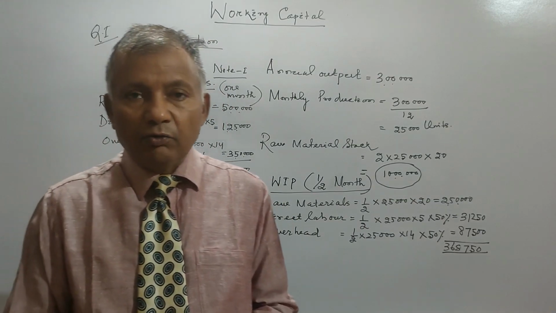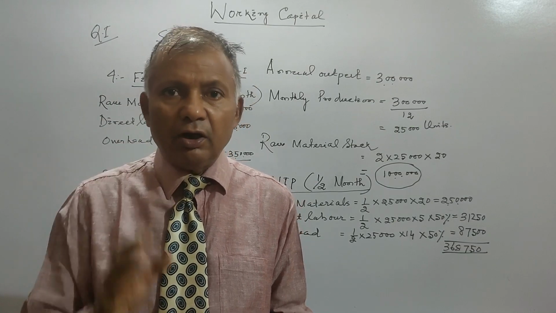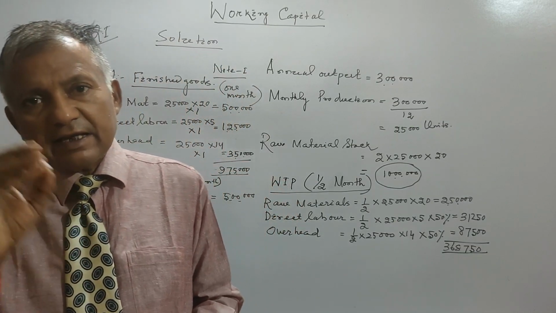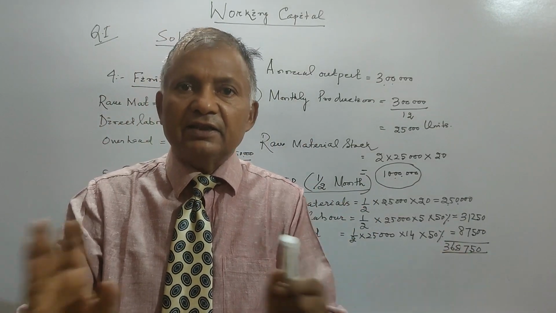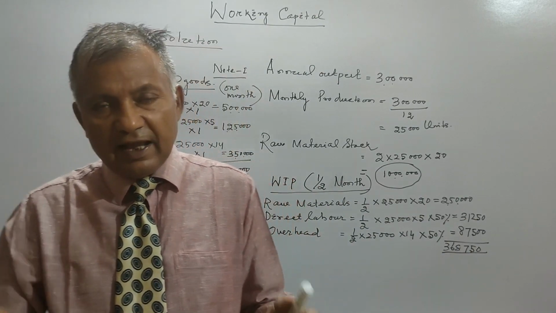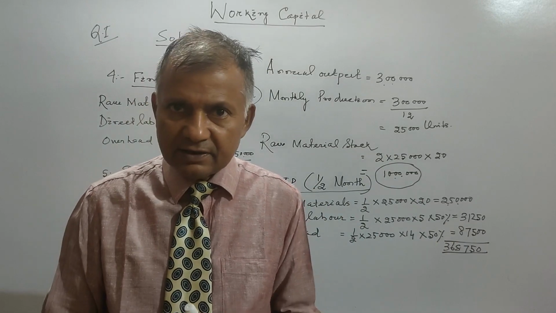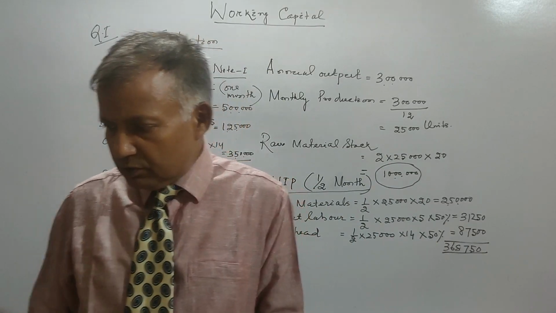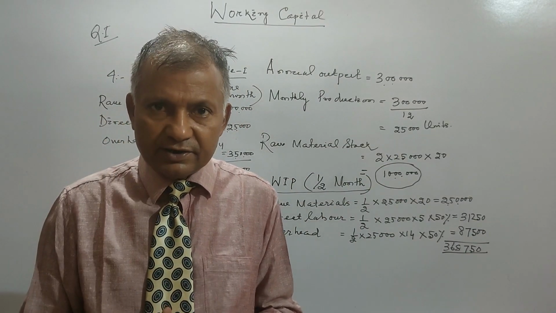So we shall do the problem based on the debtors at cost equivalent. That means we will not consider the profit. However, some books, they have done the debtor on the basis of sales price. Most of the books, they have done the debtors on the basis of cost price.